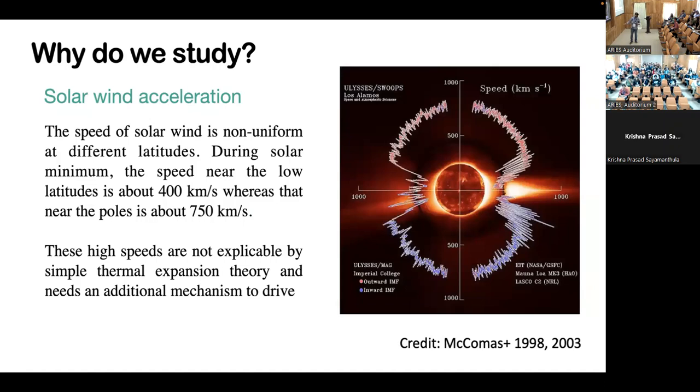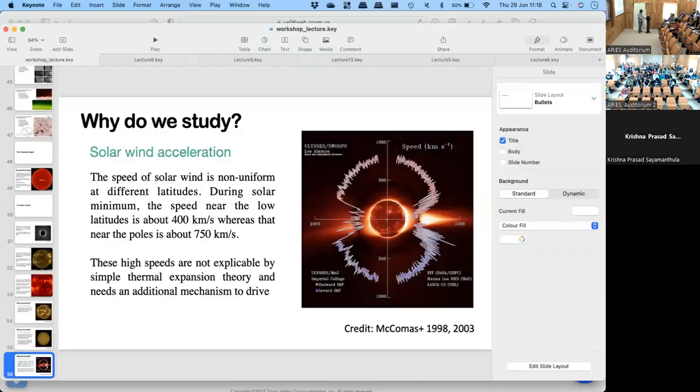But the speed values themselves are pretty high, about 600 to 800 kilometers per second. These values are very high, and they could not be explained by simple thermal expansion, because you have 1 million Kelvin plasma. So by using simple thermal expansion physics, you cannot explain such high speeds. So there has been some missing energy that is feeding into the solar wind as well. So these are the different problems.